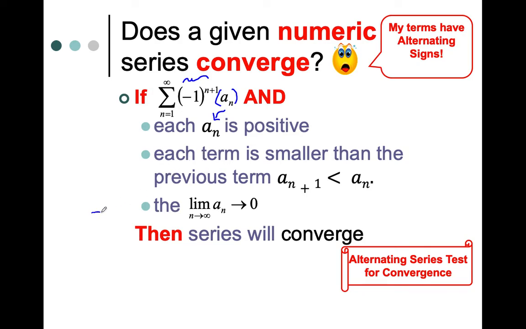Basically, focus here. You know how you had the nth term test for divergence? And we said if your terms do go to 0, you cannot automatically say you have convergence. And the best example of that is the harmonic series. If your signs alternate, it is enough. This sign alternator makes it so if your terms are positive and they're getting smaller and they go to 0, you will converge by the alternating series test for convergence.